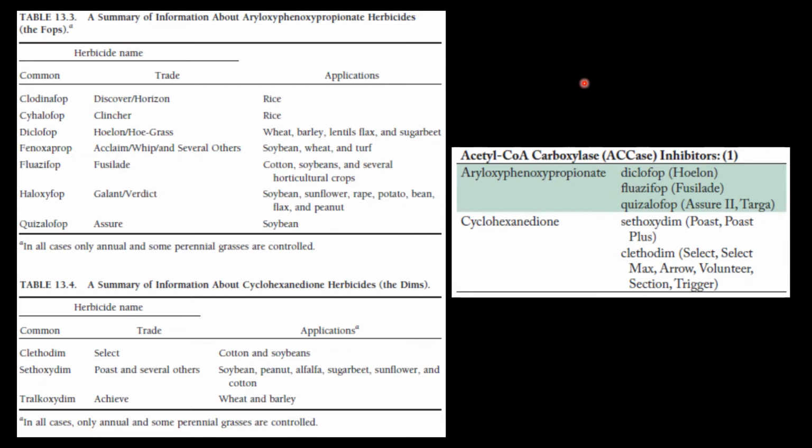Application of the post-emergence grass herbicides tank mixed with a broadleaf herbicide often results in reduced grass control, a response called antagonism. This is also called a tank mix. What is a tank mix? Anybody know? The antagonism can be overcome by applying the separate herbicides several days apart, or by increasing the rate of the grass control herbicide in a tank mix.